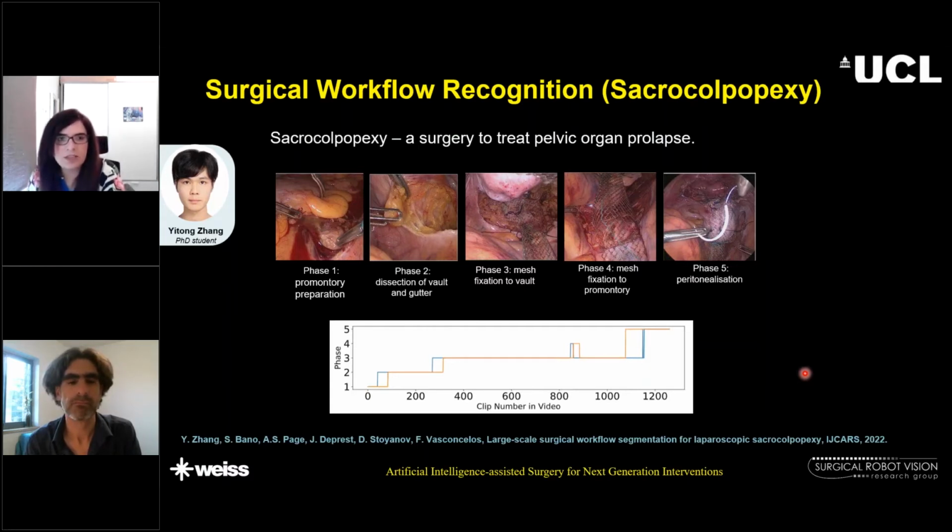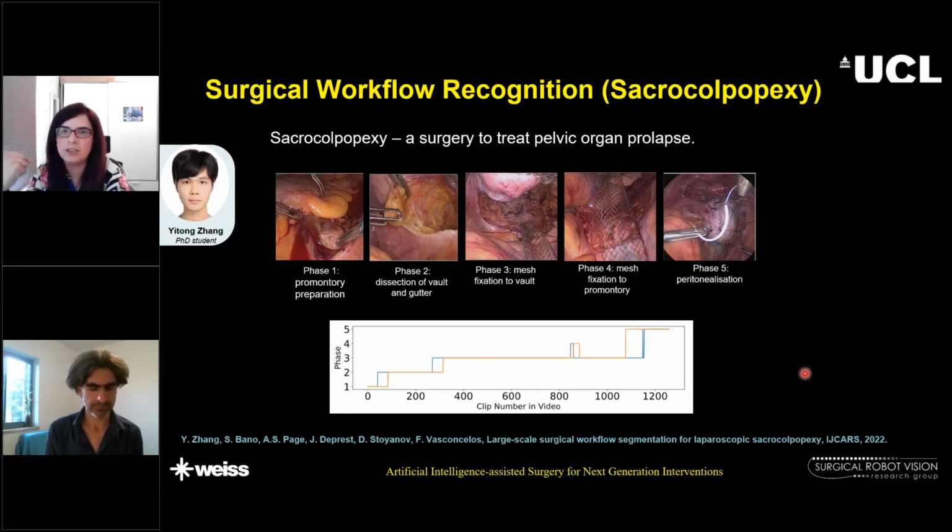One of our students, Itong, in the SRV team, is looking at sacrocolpopexy surgery, which is a treatment for pelvic organ prolapse. This particular surgery is about 4 to 5 hours long, which is very different to the publicly available data sets of cholecystectomy surgery, which most of the MICCAI community or CAI community is working on.